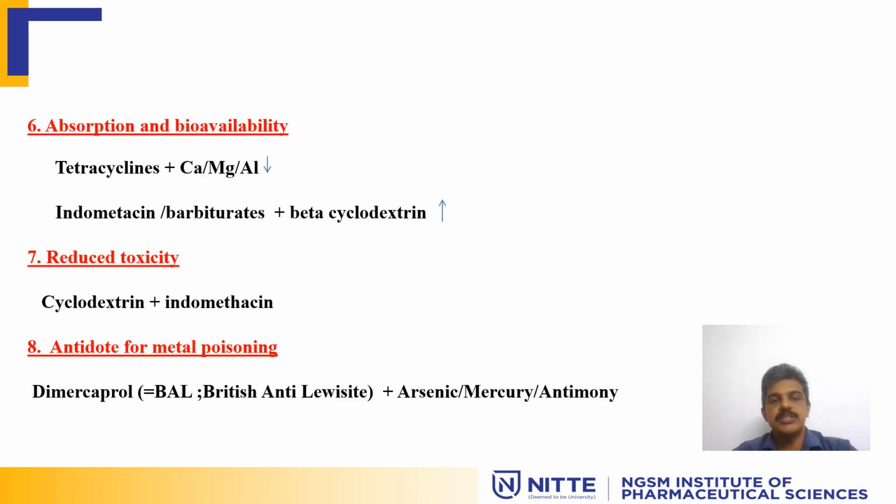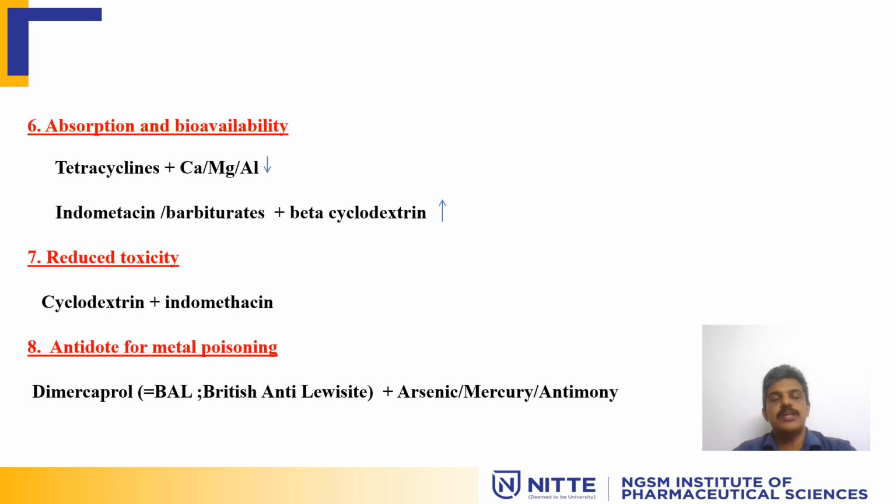Next application is bioavailability. What do we mean by bioavailability? Bioavailability is the rate and extent of drug that reaches the systemic circulation from the given dosage form. Tetracycline is an antibiotic drug. It forms complexes with calcium, magnesium and aluminium, and the formed complexes reduce the absorption of tetracycline.